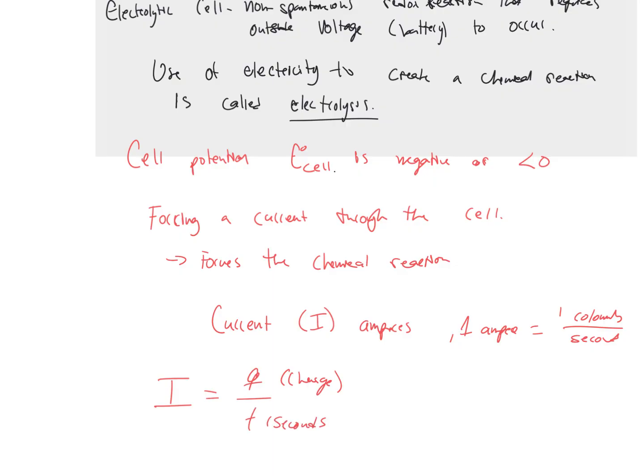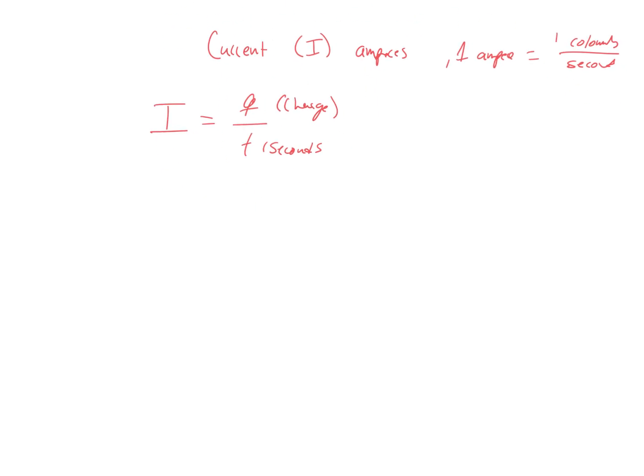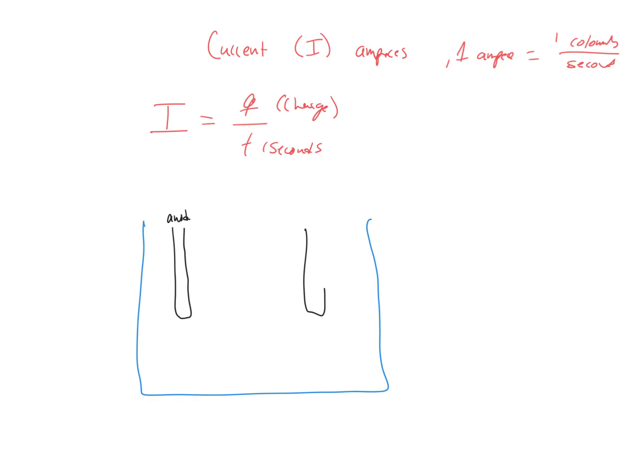So the way one of these cells work, I'll draw a picture of it. You essentially have one big tank. In this tank, you have your anode and your cathode. Both of them are together.